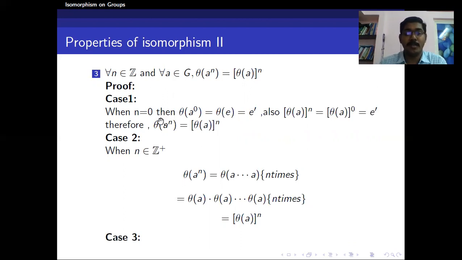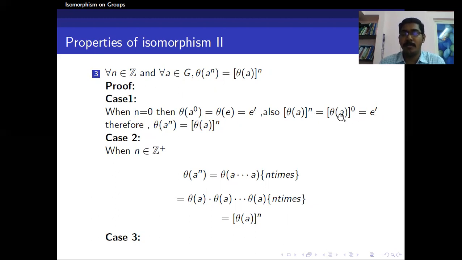Suppose n is equal to 0. Theta of a power 0 equals what? Theta of 1, and 1 is the multiplicative identity. So in general, we can write a power 0 is e. So theta of a power 0 equals theta of e, which equals e dash. Now take theta of a whole to the power n, and put n equal to 0. Anything power 0 is 1.